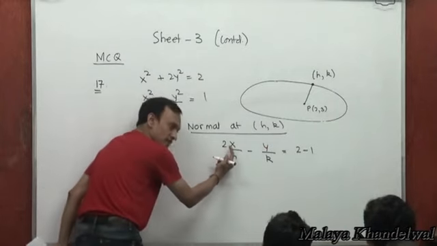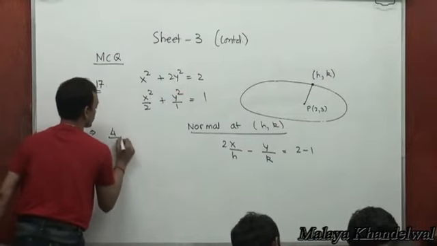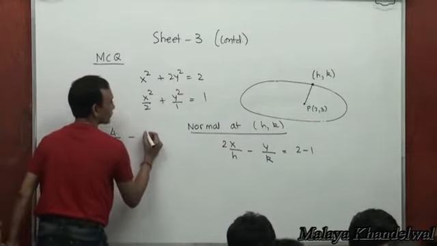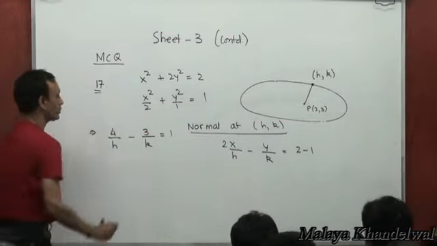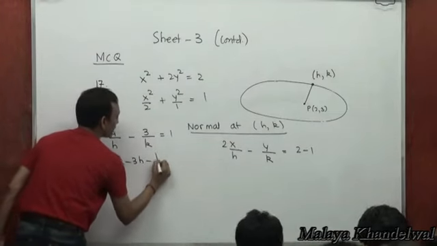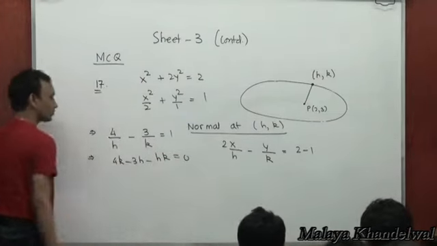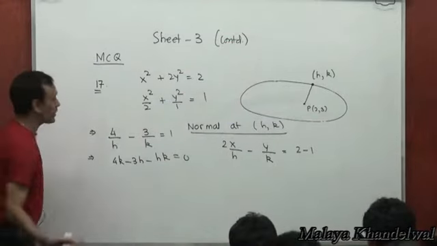Plugging in x equal to 2 and y equal to 3 here, we get an expression equal to 1, or we have 4k minus 3h minus hk as 0. Then generalize this, replacing h by x and k by y.